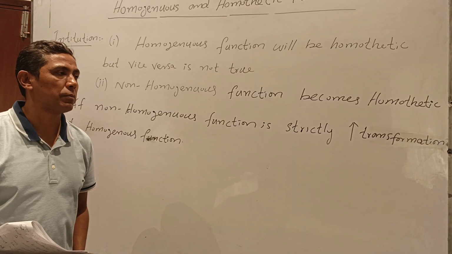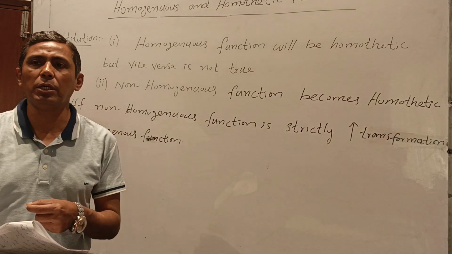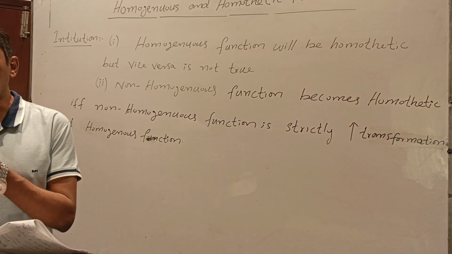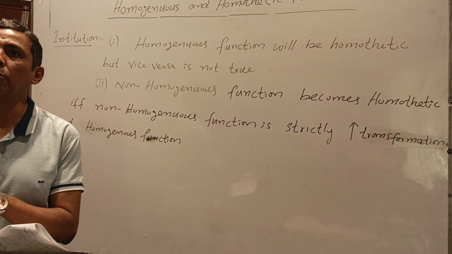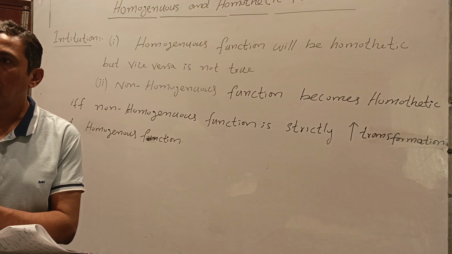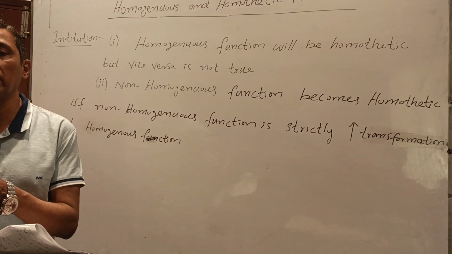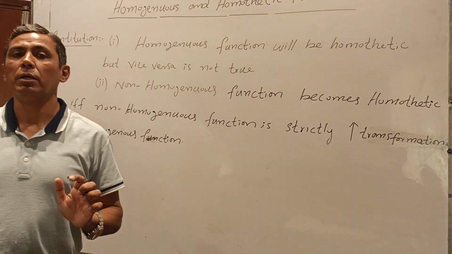What does it mean? We have talked about increasing transformations, for example when we take the exponent of the function. If we apply the exponential to the function, exponential is always an increasing function. We discussed this in the previous class.